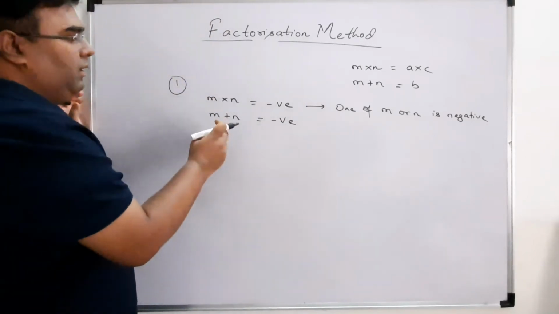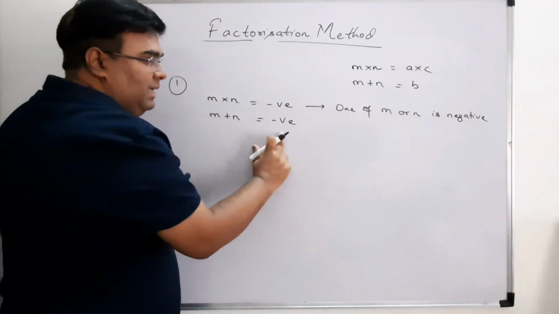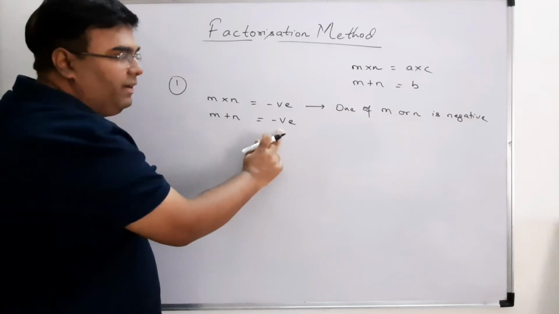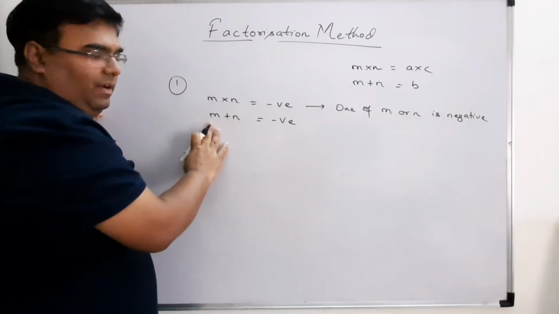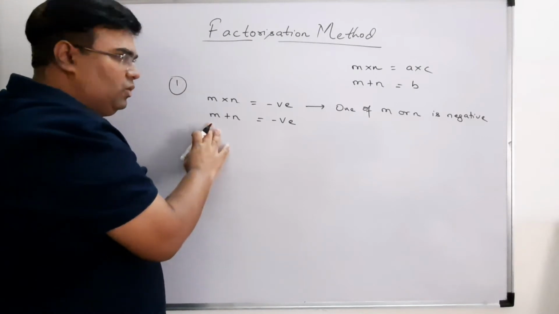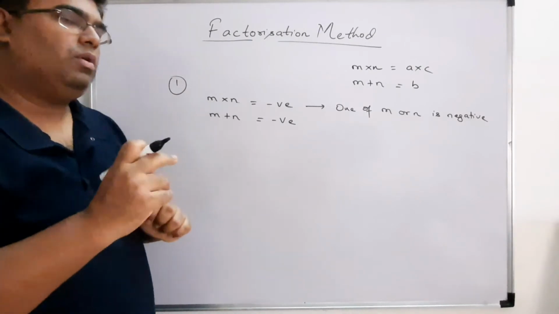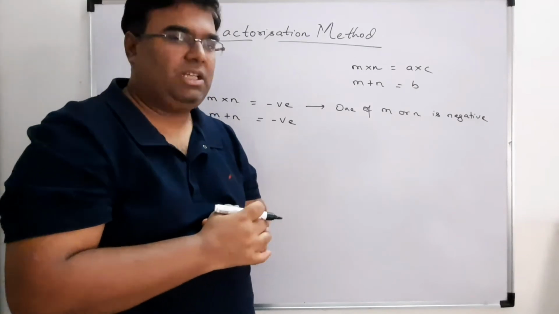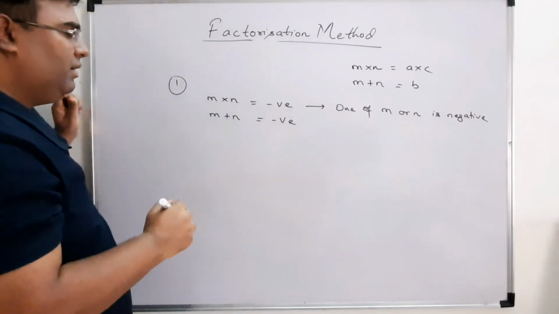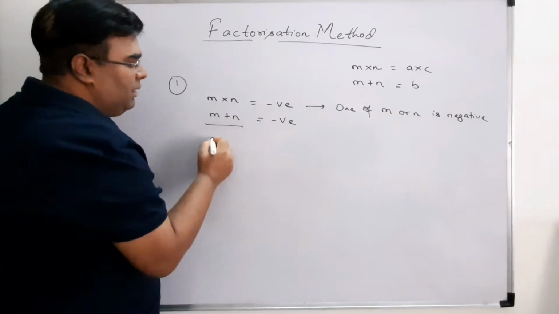Now again, M plus N is negative, so your answer is negative. We know that one is negative and one is positive. So when you add a negative and a positive number, it will be a subtraction, it will not be an addition, right?